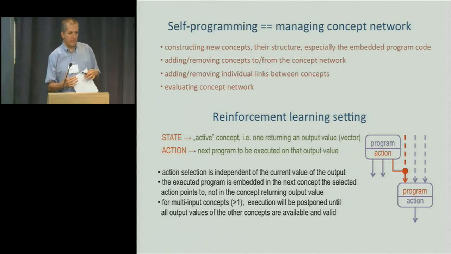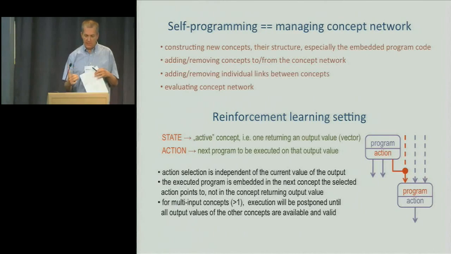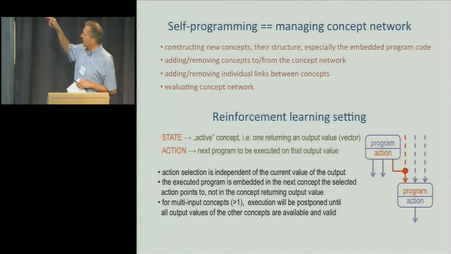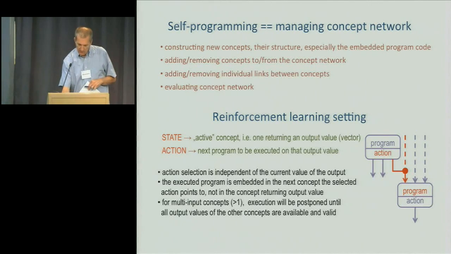The result need not be the same, as, for instance, one may fail and the other may work, but the code is in the next concept. And in case of many inputs, of course, the execution is postponed until all inputs are available.